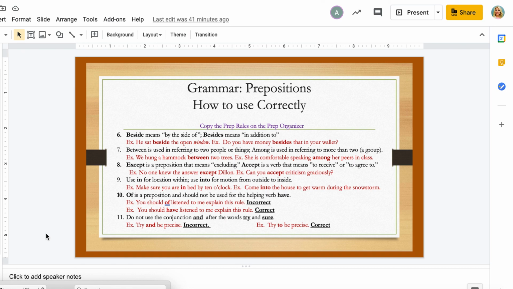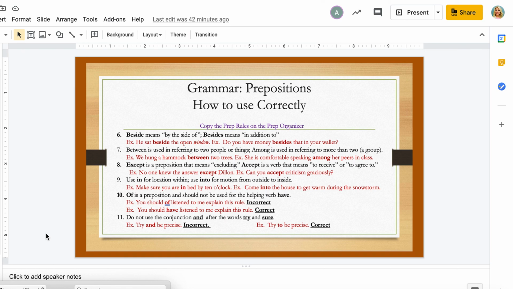It is incorrect to say something like, you should of listened to me explain this rule. That is so incorrect, it's not funny. You should use the helping verb have in this situation. You should have listened to me explain this rule. That is the correct way to say it.